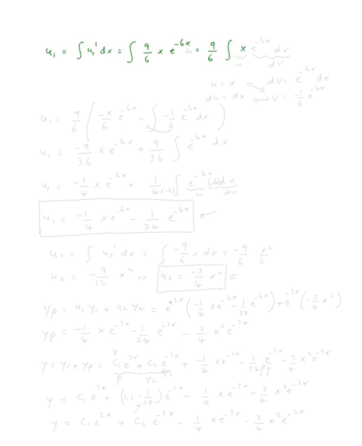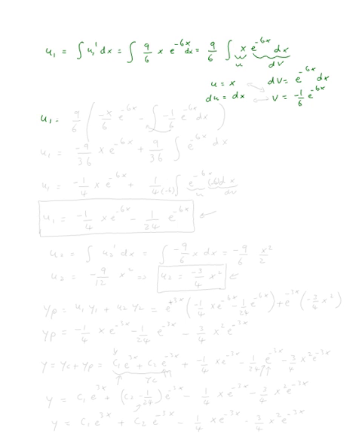So x, don't forget the dx, x e^(-6x) dx. So now this is my u and this is my dv. So u is equal to x, du is equal to dx, dv is equal to e^(-6x) dx. So the v is easy, minus 1/6 e^(-6x).